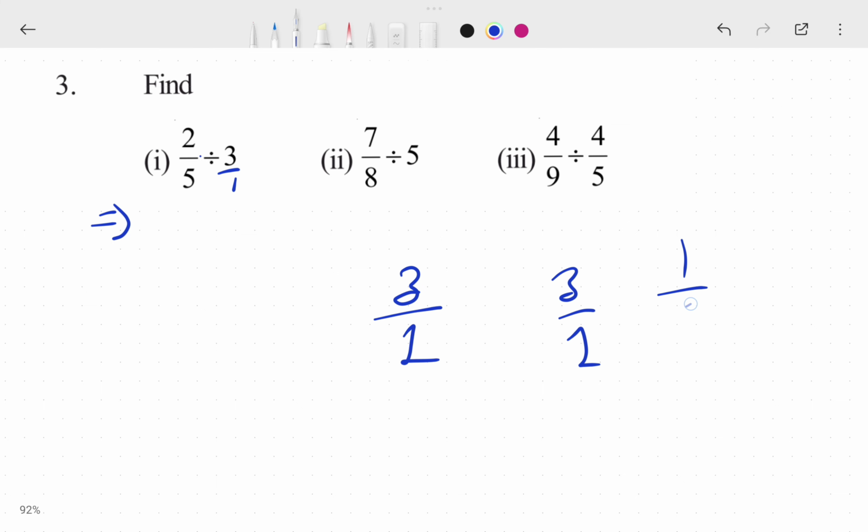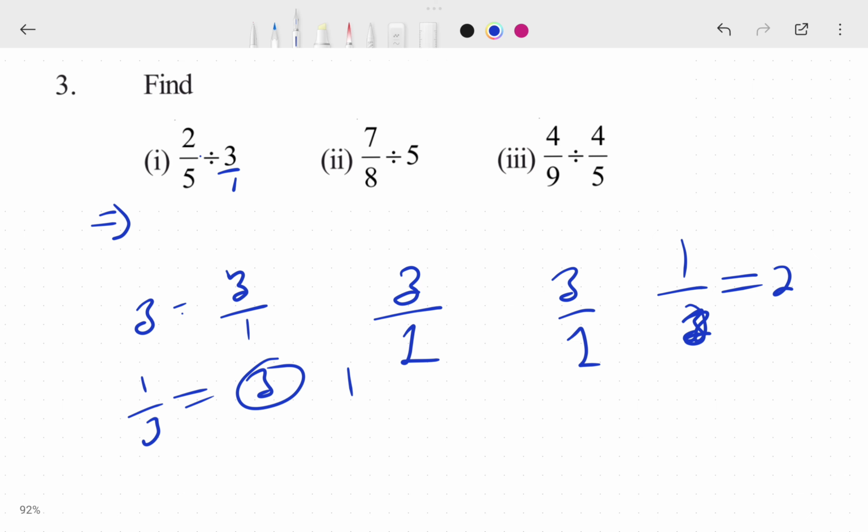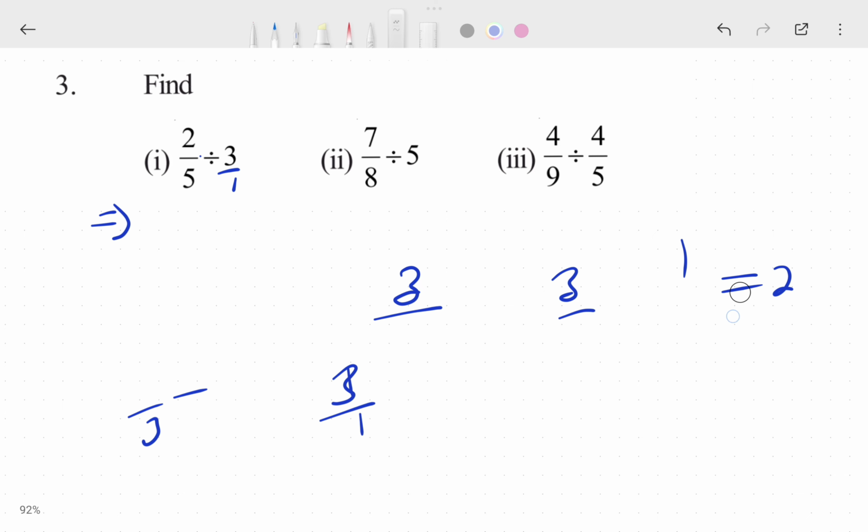When it is 3, you can write 3 by 1, but when it is 1 by 3, you cannot write 3, because 3 means 3 by 1 only. Let's solve this question, then you will understand.